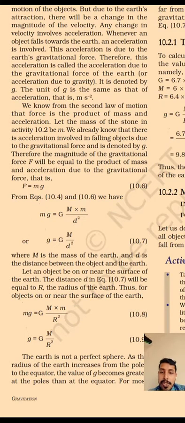Then we can calculate with that equation: g is equal to G into M by r square, where r is the radius of the earth. If an object is on the surface of the earth, the distance between the object and the earth is the radius of the earth, because the object is on the surface, not far from the earth.